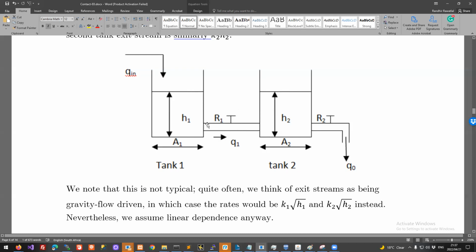So this flow rate will start to go down. But you've already reached a high volume here, so you've still got a high exit flow. Then your level here will start to go down. Because you've got initially such a high volume, your flow rate out is going to be quite high, and it's going to end up that this flow rate actually exceeds the inlet flow rate for a short while. So this is going to start to drain the tank.